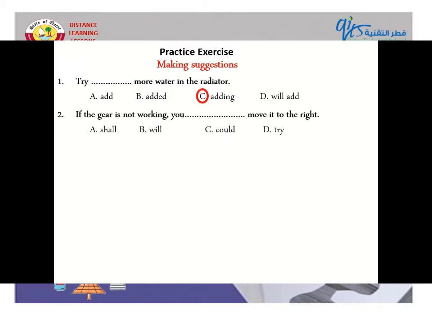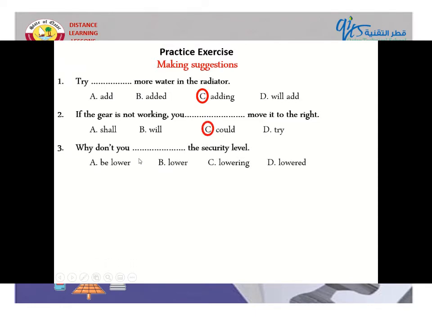Number 2, if the gear is not working, you ___ move it to the right. Notice that we have the base form of the verb here. So let us look at which one of these is the correct option. Shall is not, will not, could is our answer, because if it's try here, the verb must end in ing. So our answer is C.